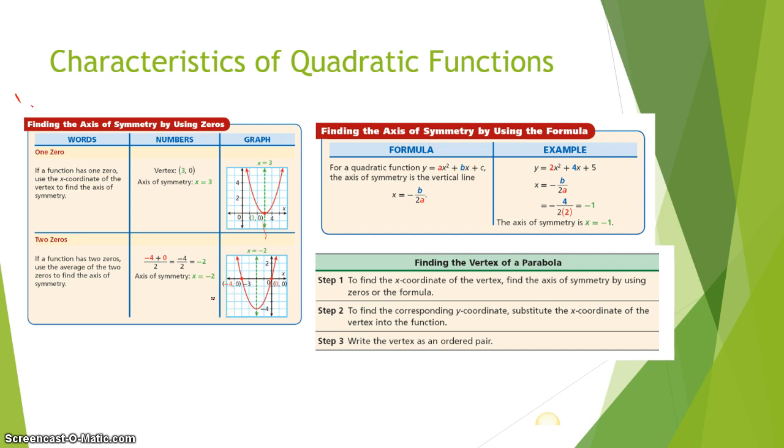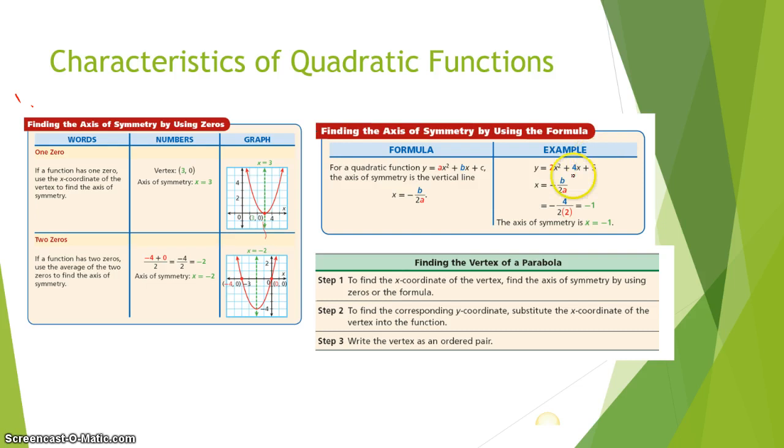My third chart here is a formula to help us find the axis of symmetry. For a quadratic function in the form of y equals ax squared plus bx plus c, the axis of symmetry is the vertical line x equals -b divided by 2a.